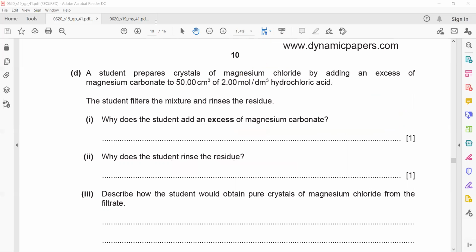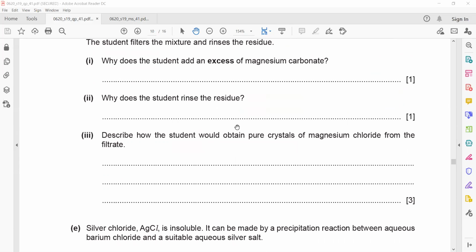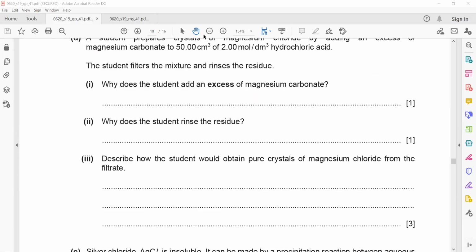Then describe how the student would obtain pure crystals of magnesium chloride from the filtrate. So basically you have to mention the points of crystallization: heat, concentrate, cool down. But it's 3 marks, so only writing crystallization will not give you marks.